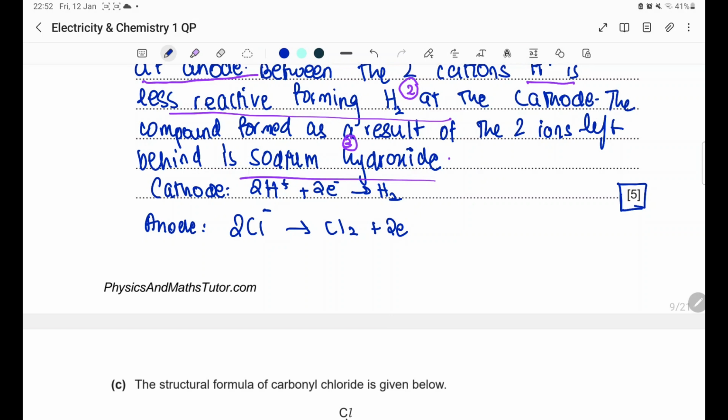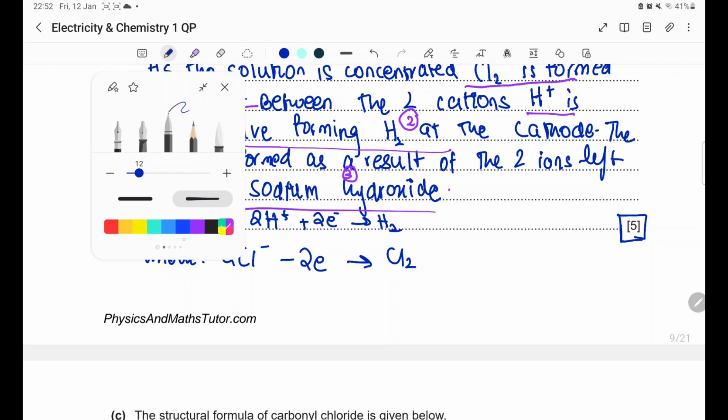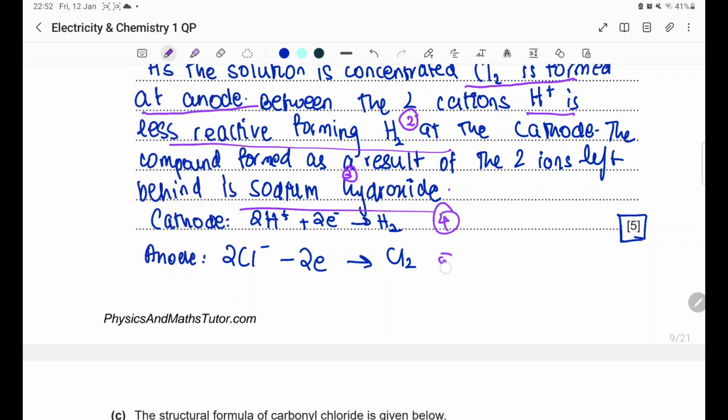Your ion is losing electrons, so your chlorine is losing electrons to form this ion. That is how your equation looks. Or to make it easier for you guys, because you are technically forming the chlorine product and that's what you need to show, you could do 2Cl minus, 2e gives Cl2. There we go. So this is your 4th mark, and this is your 5th mark, and that is your entire 5.